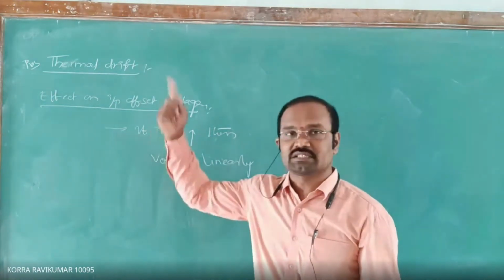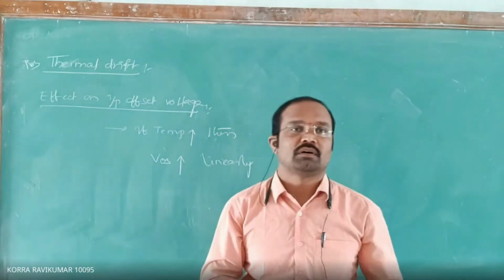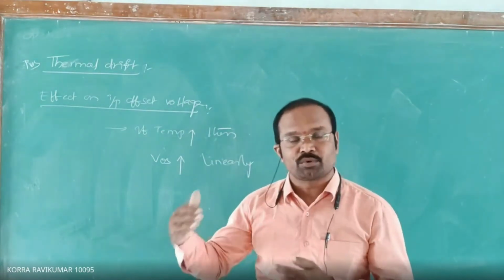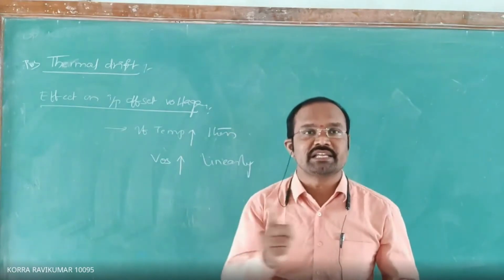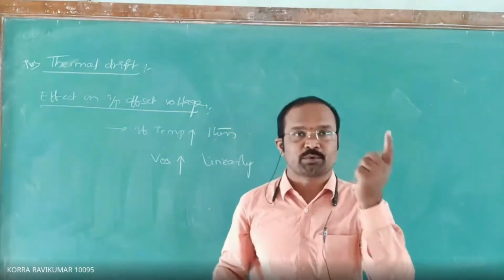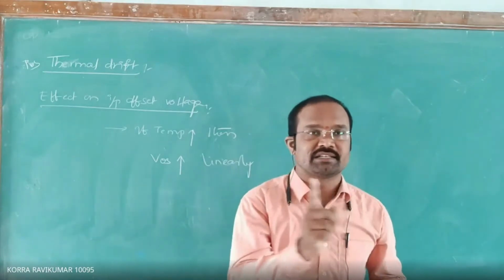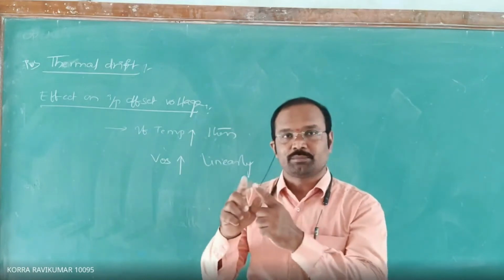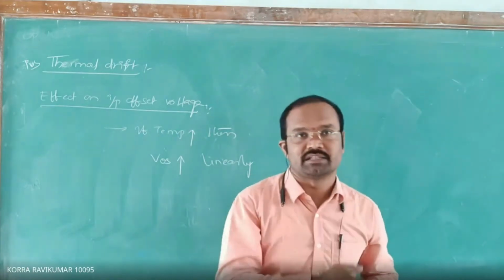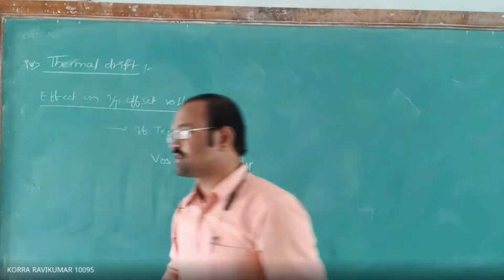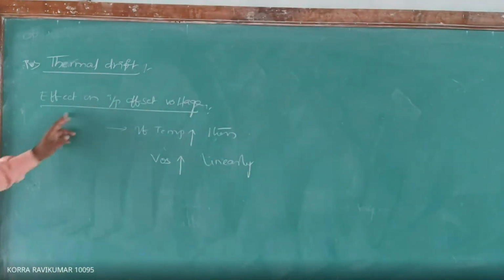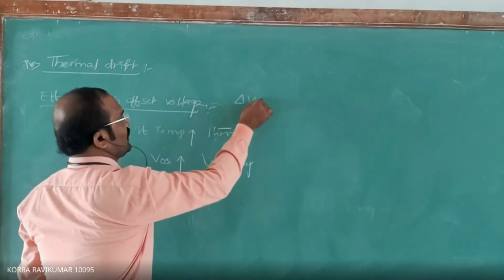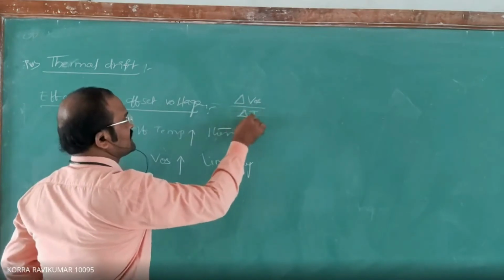So if temperature increases, input offset voltage also increases. If temperature decreases, then input offset voltage also decreases linearly, not rapidly, not exponentially, just linearly. If there is a change in temperature, then input offset voltage also changes linearly, right? So if you write the expression, the effect is change in offset voltage to the change in temperature.